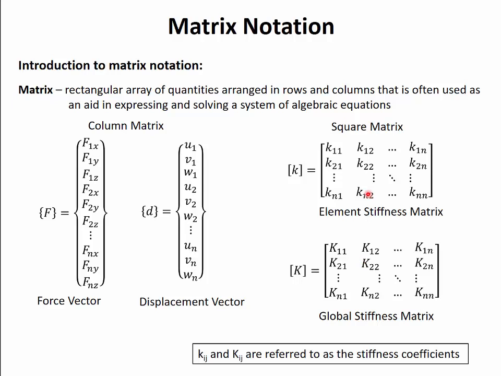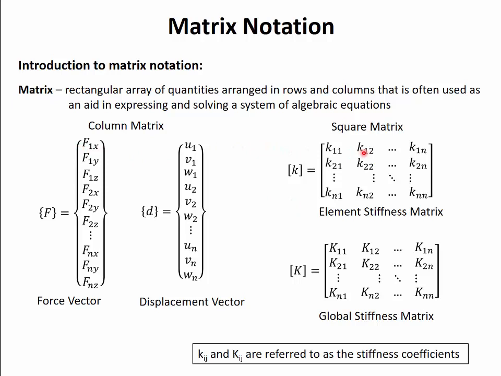One other thing to note here, we've got this notation within the matrix. You see we've got the large letter, and then we've got this double notation, like K11, K22, K12, K21. These are referred to as the coefficients. If you're in the stiffness matrix, they're referred to as the stiffness coefficients.